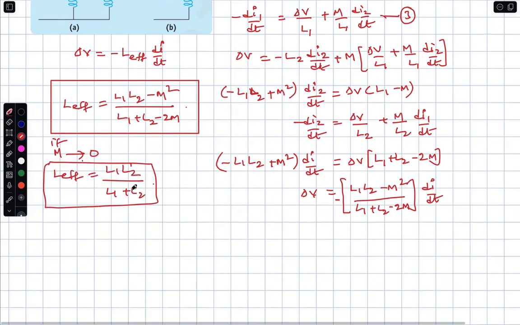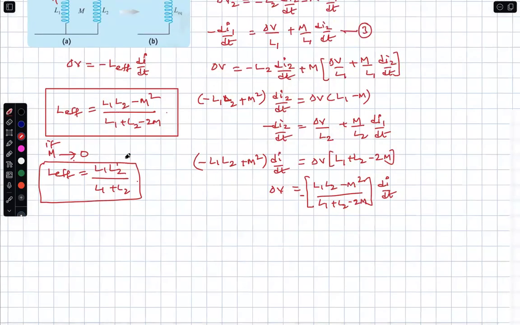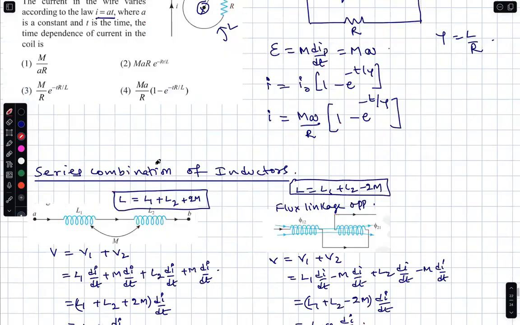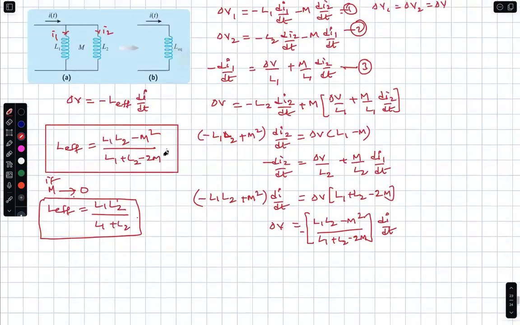It is like 1 by L1 plus 1 by L2 is 1 by L. Aditya, any doubt? No, sir. You don't require to derive all these things. You just need to remember this and draw this. How to remember this? First part is easy. This part is easy, but this part is difficult.